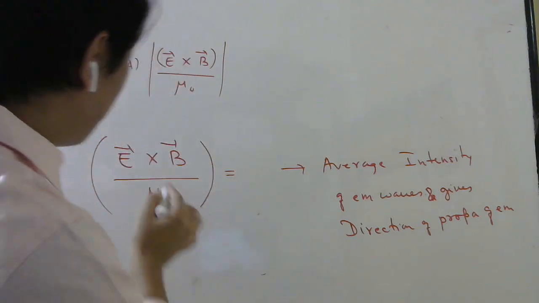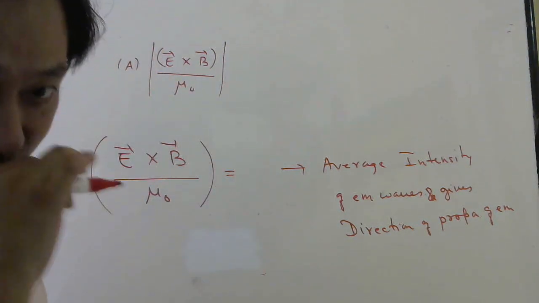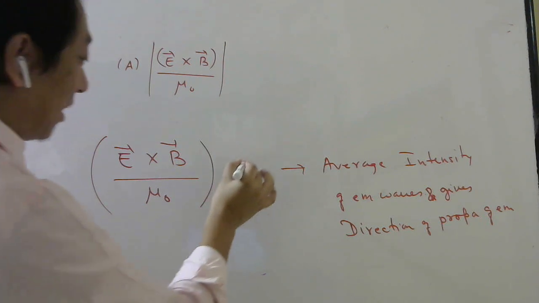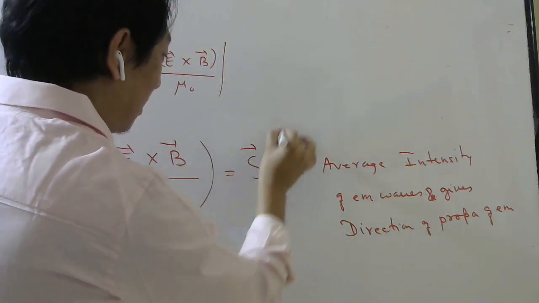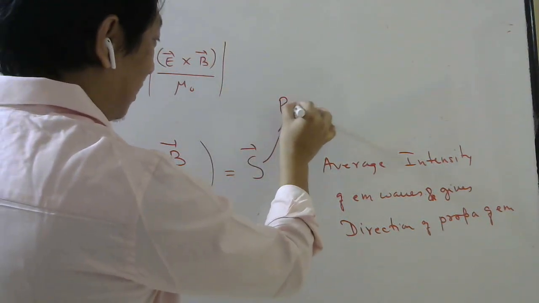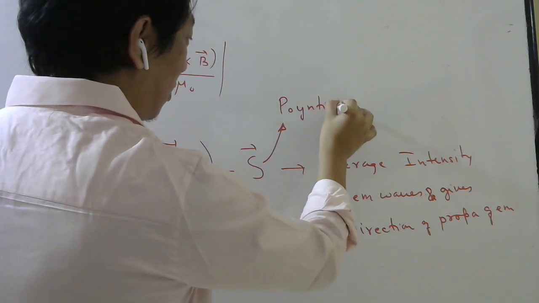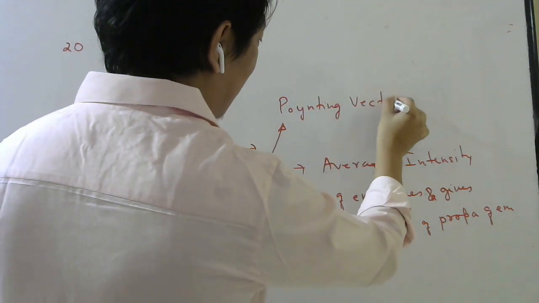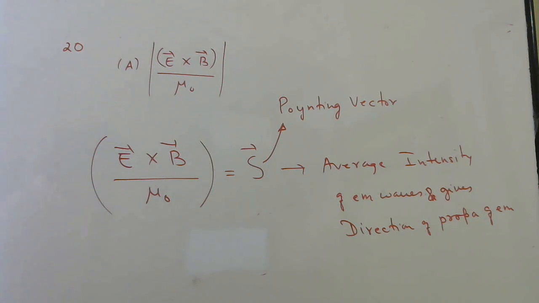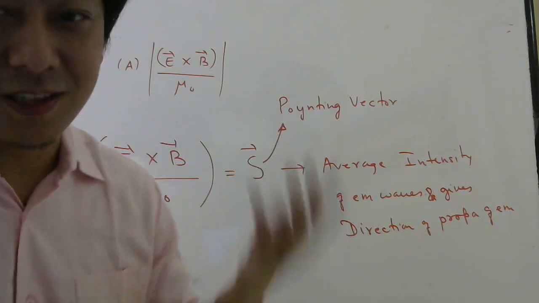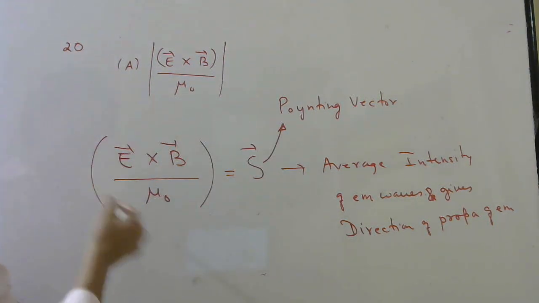So that is given by this vector. It is such a special vector that we have given a name to this. It is called S bar, the Poynting vector. Poynting vector, not Ricky Ponting, okay? This is the name of a person who discovered all this probably.